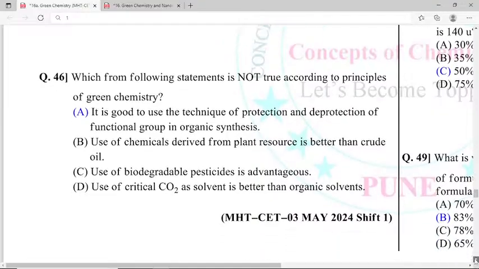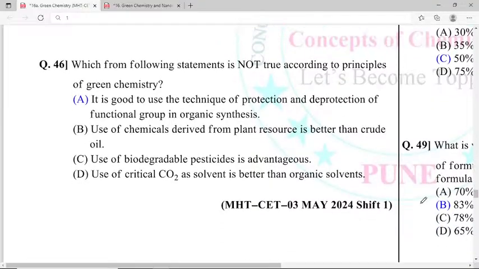Next question. Which from following statements is not true according to the principle of green chemistry? It is good to use the technique of protection and deprotection? No, it is not a good technique, it is a bad technique, so this is not true. This is your answer. Use of chemicals derived from plant resources is better than crude oil.